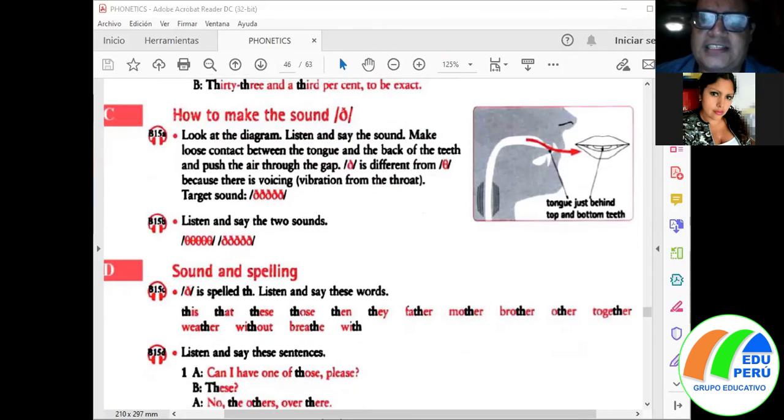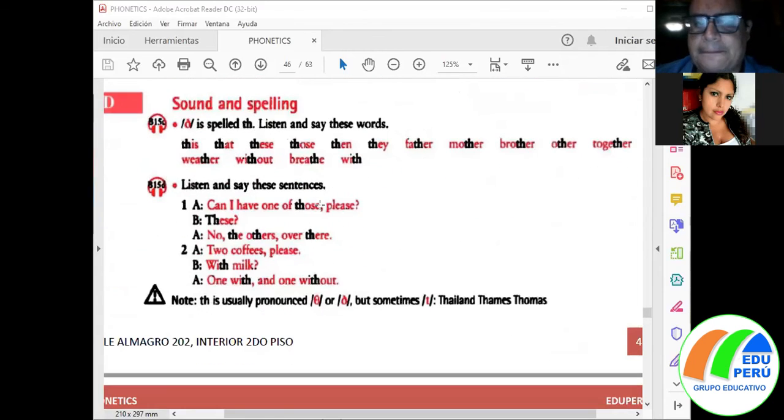Let's continue with that sound and spelling. Remember, the sound is with vibration. So let's start. Listen and repeat at home.